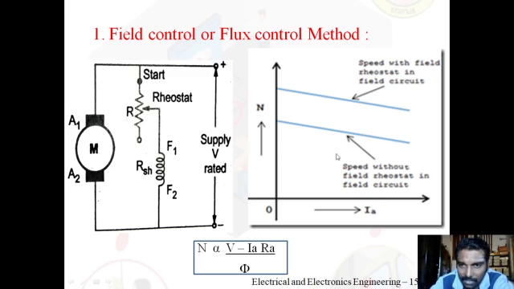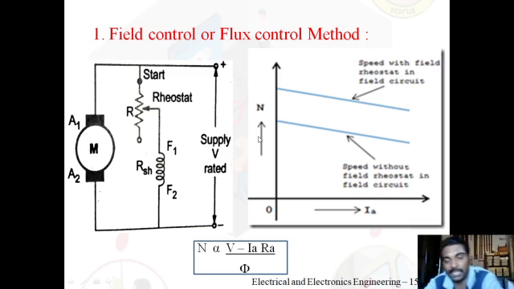This is the variation of speed without field rheostat, that means the value of R is 0. Without including this resistance, the variation of speed is like this. With the field rheostat in the field circuit, whenever we include some resistance by varying this rheostat, the graph looks like this.